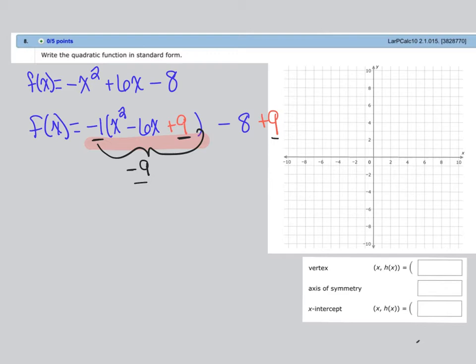Okay? If you get past that, you'll be fine. Okay, so now we have f of x equals -1, x squared minus 6x plus 9. What does that factor to? By design, we've created a perfect square trinomial.